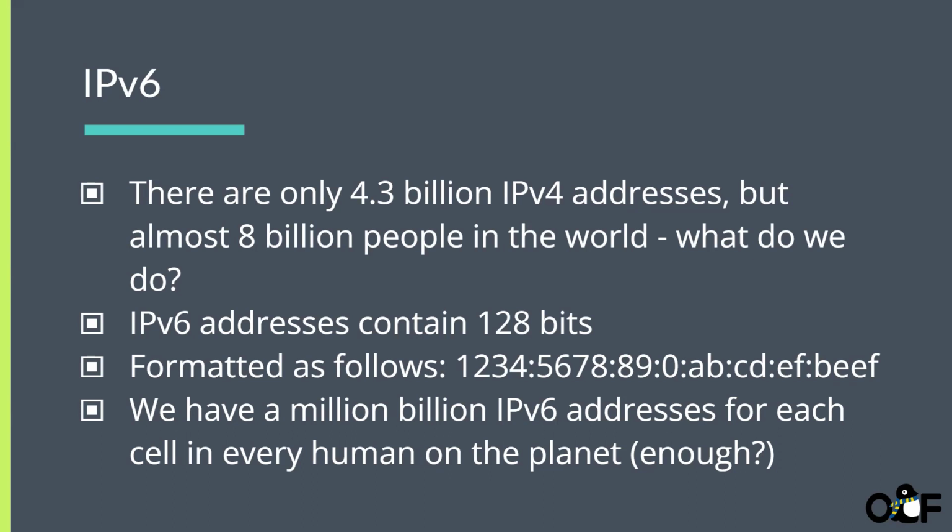So if you do :0:0, you mean 0000. The shorthand rules I can never quite wrap my head around, but it's best to look at a table of what these shorthand rules mean. It enables you to write much shorter addresses despite this really long looking 128-bit.